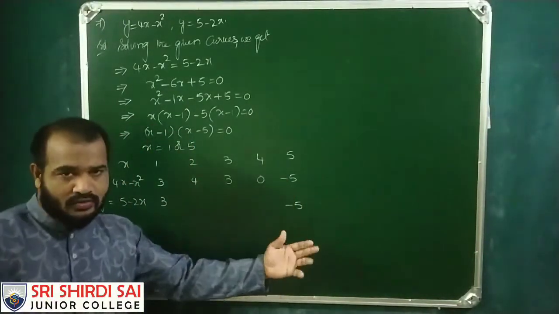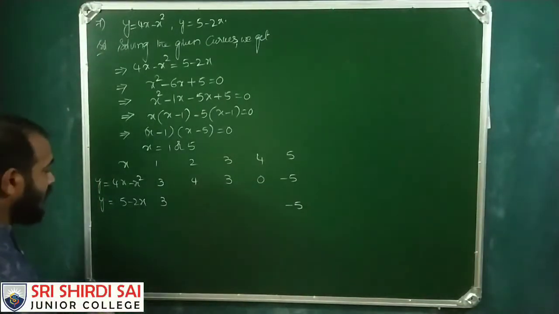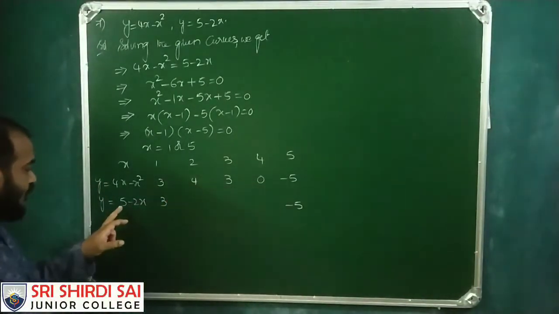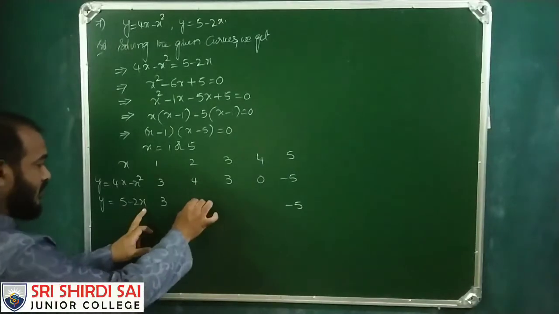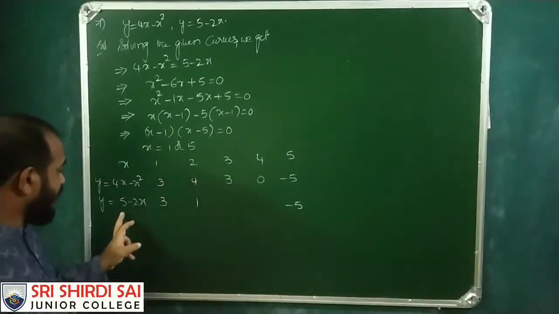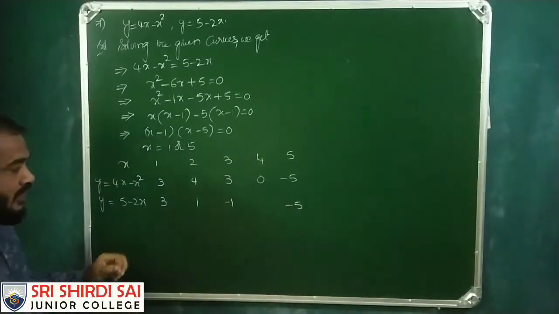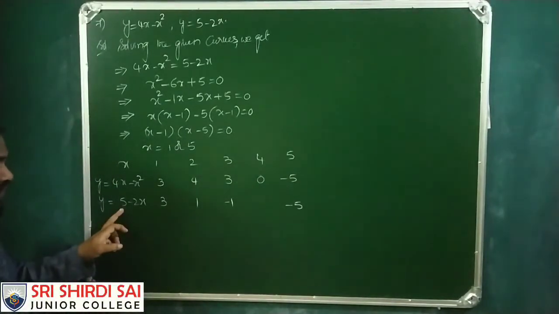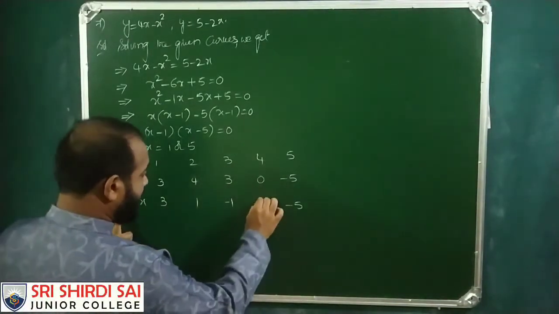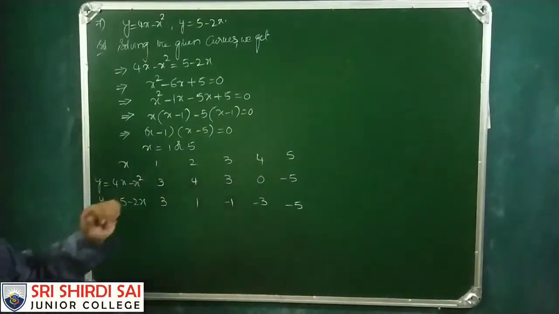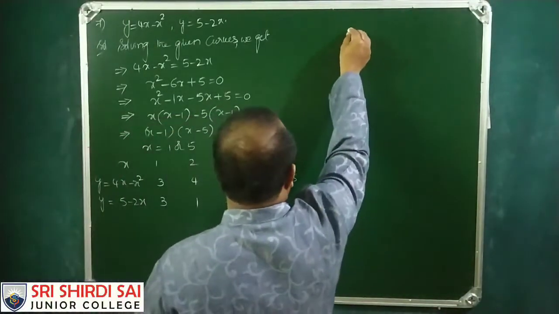Otherwise, we may check it out also. Now if you substitute 2, 5 minus 2 twos are 4, that is 1. 5 minus 2 threes are 6, minus 1. 5 minus 2 fours are 8, minus 3. So with the help of this, let us try to plot the diagram.